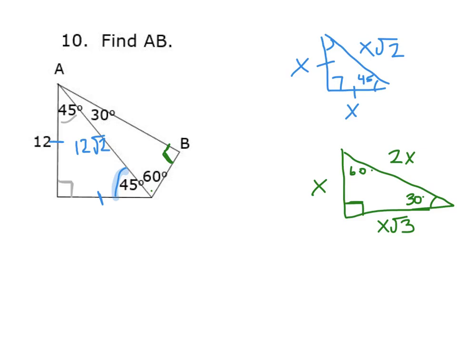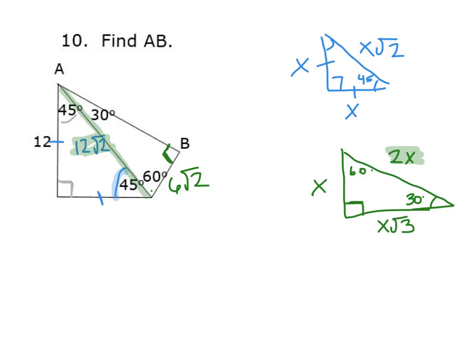When we look at our picture, we're now focused only on this second triangle. We see the hypotenuse value is 12 square root of 2. That's represented by 2x, which means our x value is going to be half of 12 square root of 2, which gives us 6 square root of 2.